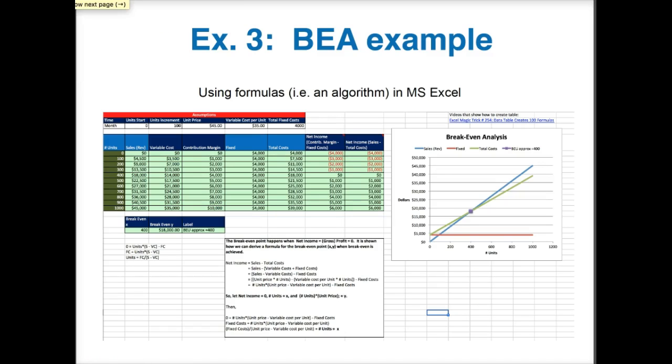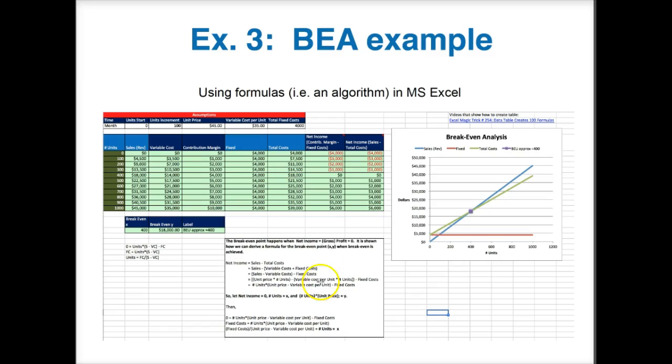All right, so another way that we could possibly find out when we have break even is to actually look at a chart like the one that I have here. And so what you see is that for a certain number of units here, we know what the sales are, we know what the variable costs are, we know what's called our contribution margin, we know what the fixed costs are, and total cost.